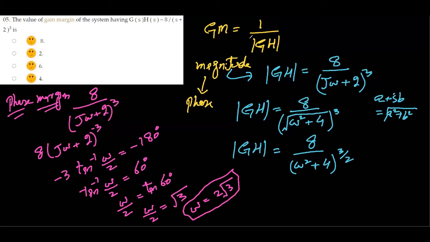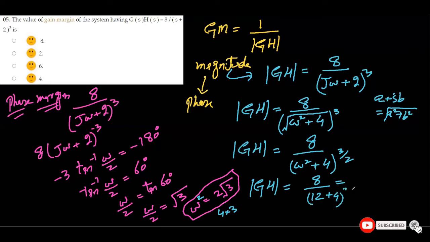So your GH will be equal to 8 divided by omega square. If you take the square, this will be equal to 4 into 3, that is 12. So omega square will be equal to 12.